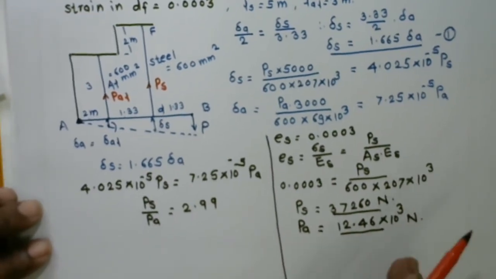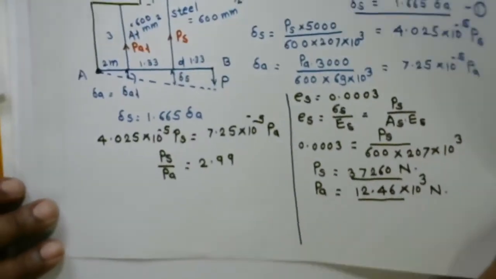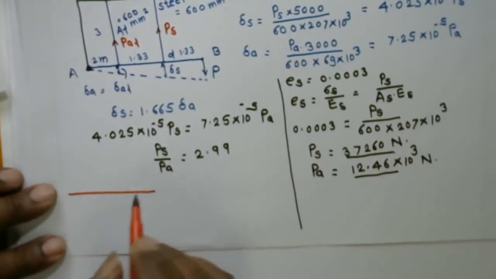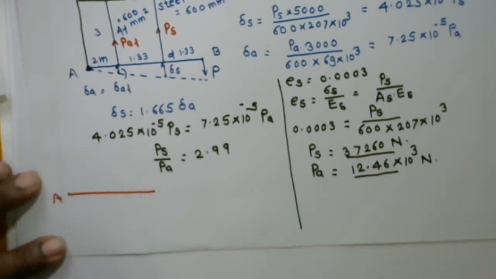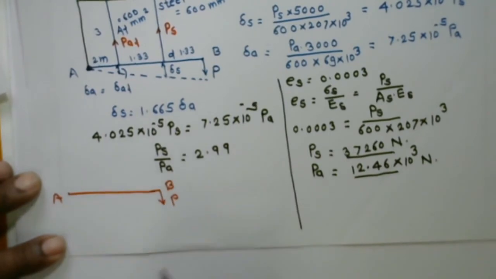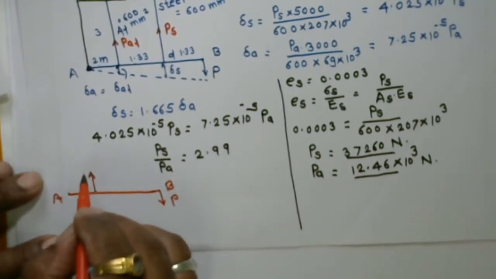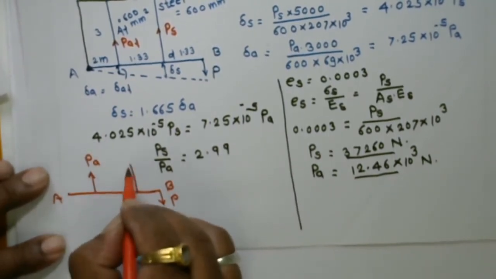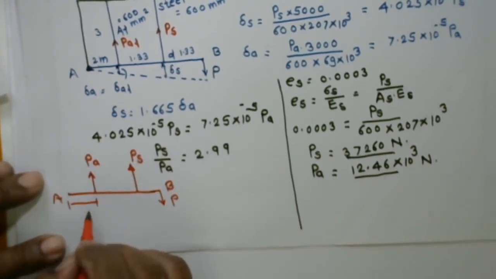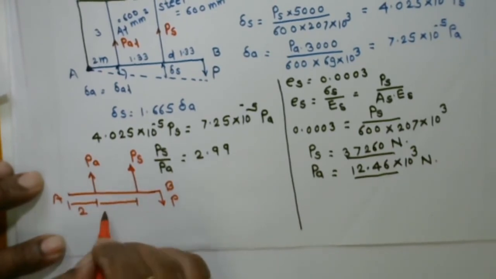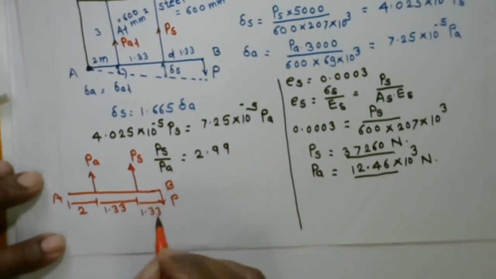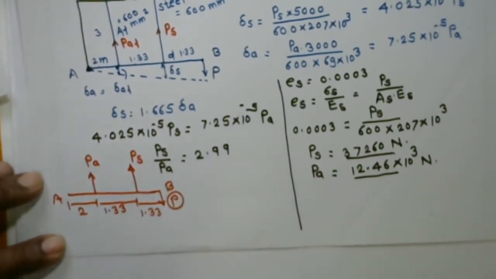So according to our FBD, if we say here this is the point A, this point B, P is acting, PA, this PS. So that dimension is given 2 meter, this 1.33, and remaining this also 1.33. Now we have to calculate the value of P.